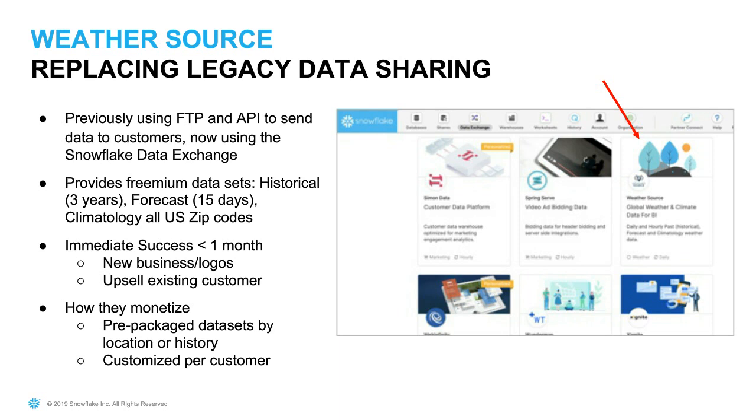So WeatherSource was one of our first customers at launch to list their data in our exchange so that any Snowflake customer can select that data and it becomes a read-only database that's always updated in their Snowflake account with no copy of that data.